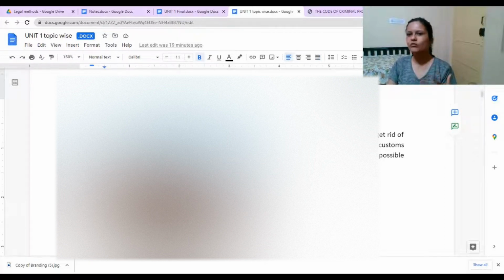Like sati, which was followed for a very long time, we could get rid of it only by way of a legislation. Legislation was introduced, and now even if the legislation is no more existing, nobody would do this practice, because we have achieved that social reform. We have realized that it's not a good thing.